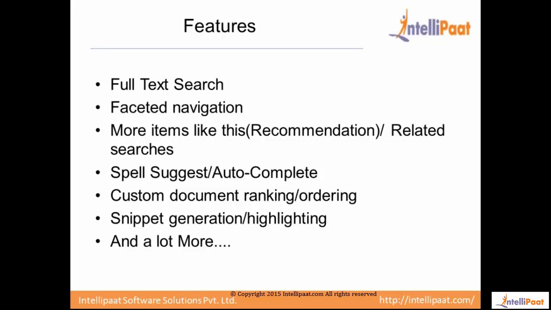That's how recommendation works. So all these things are possible with Solr. Then we have spell suggest, autocomplete. Spell suggest is a very simple thing. You just start writing something and it will show you what it may be. It has its own dictionary.